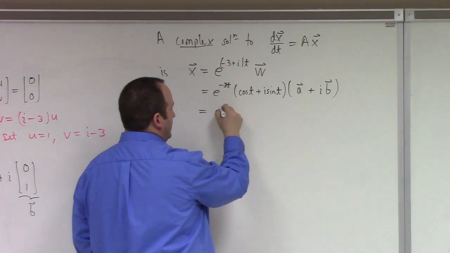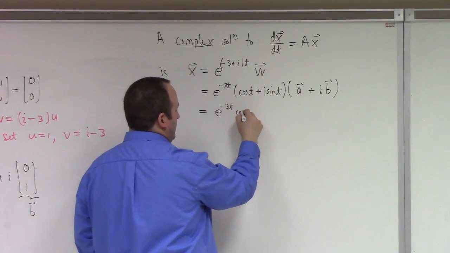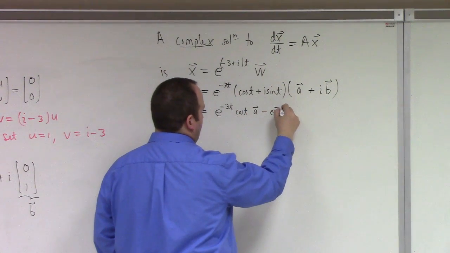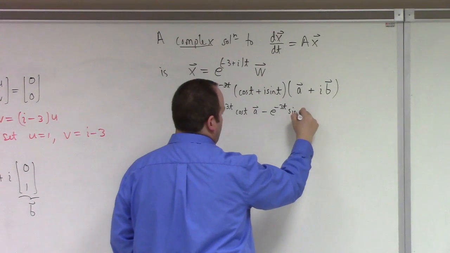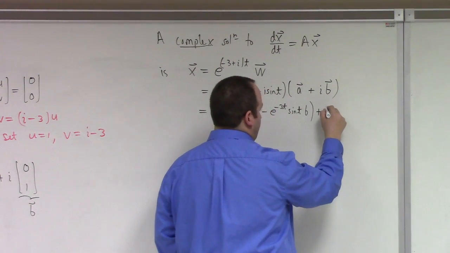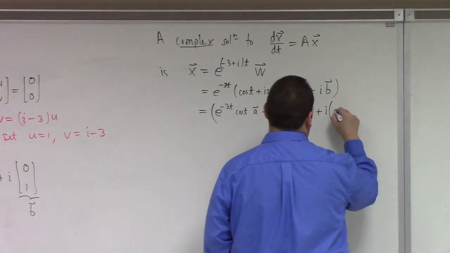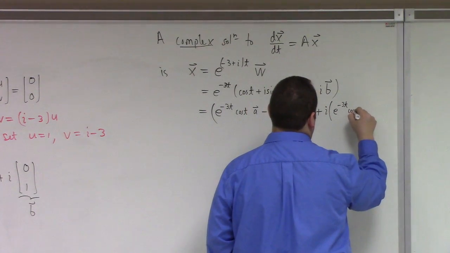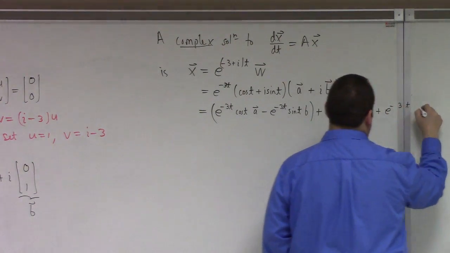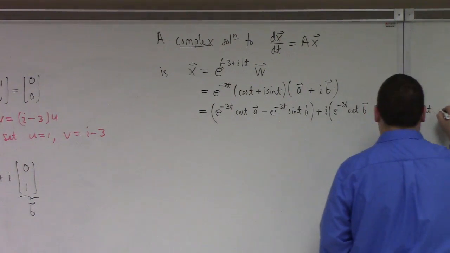So the real part, e to the minus 3t cosine t a minus e to the minus 3t sine t b, that's the real part, and then factor out an i. I've got myself an e to the minus 3t cosine t b plus e to the minus 3t sine t a.